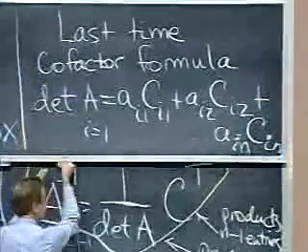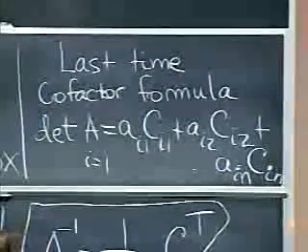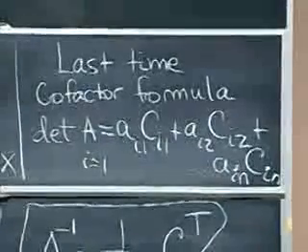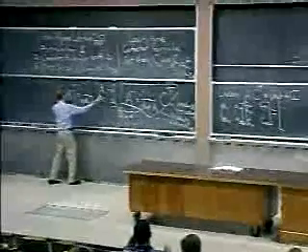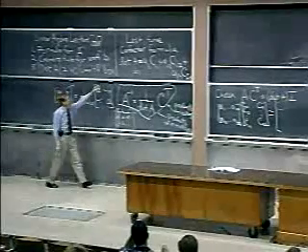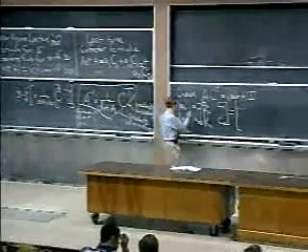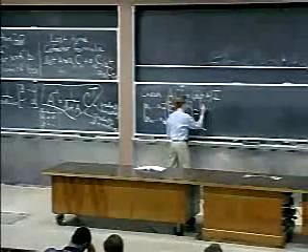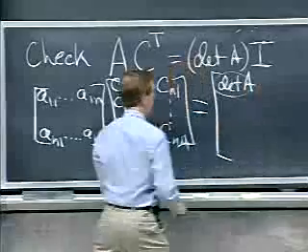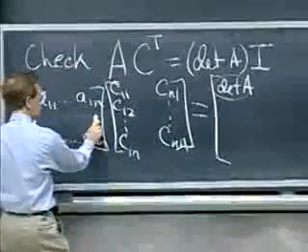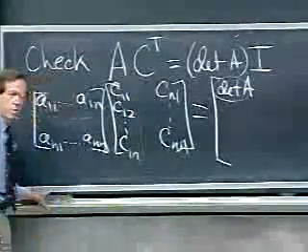And it worked in this case. This row times this thing is, sure enough, AD minus BC. But this formula says it always works. So up here, in this position, I'm getting the determinant of A. What about in the 2,2 position? Row 2 times column 2 there.